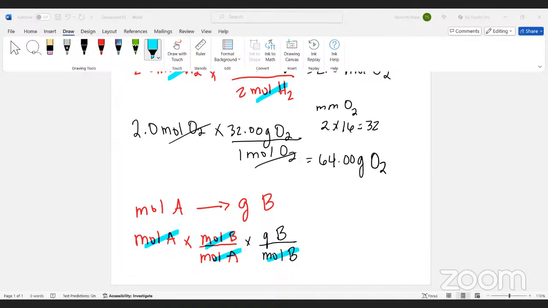With theoretical yield, you're basically looking for the maximum amount of a product that a reaction can produce from a given amount of reactant. Let me find a good example for you, so that you're able to do that type of problem.